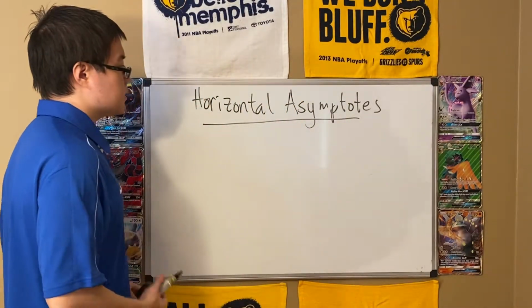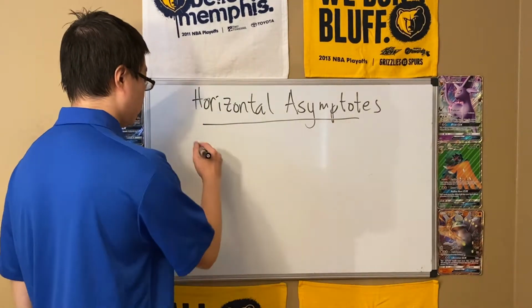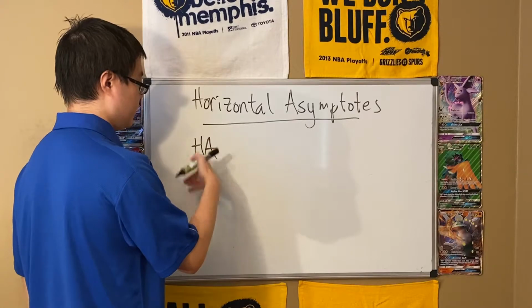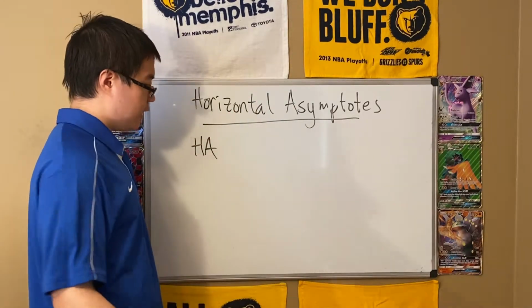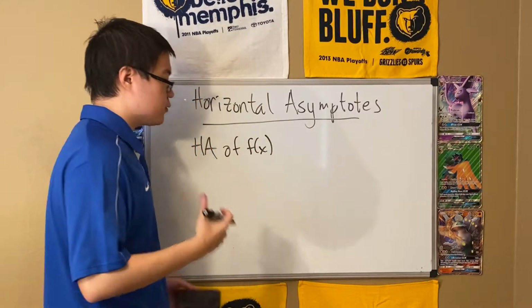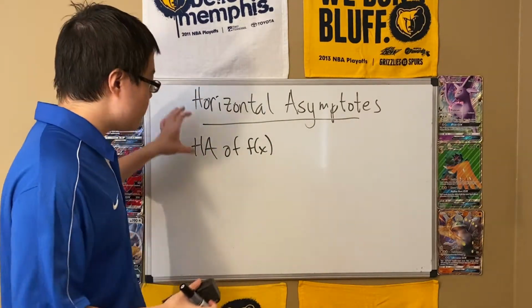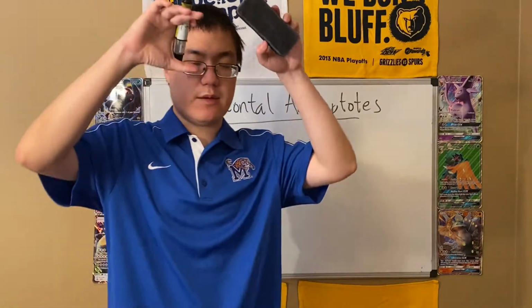So what I want to focus on is the definition of a horizontal asymptote. To find the horizontal asymptote, which I'm going to abbreviate as HA, of a function, you want to take two limits. Right when you see the words horizontal asymptote, you just set up two limits.